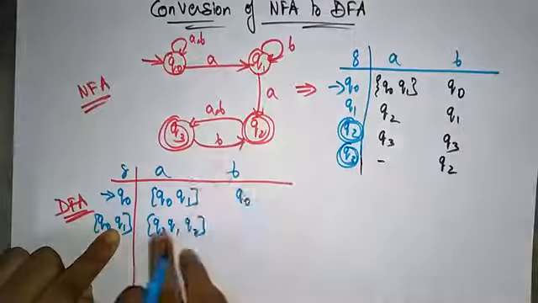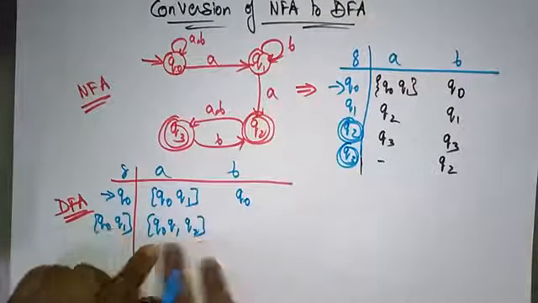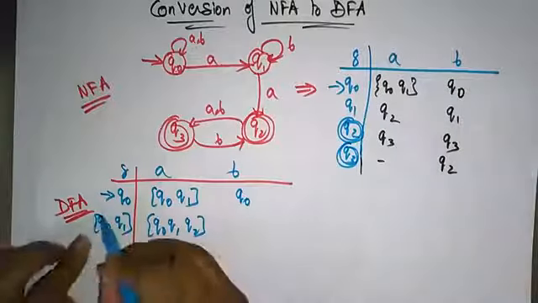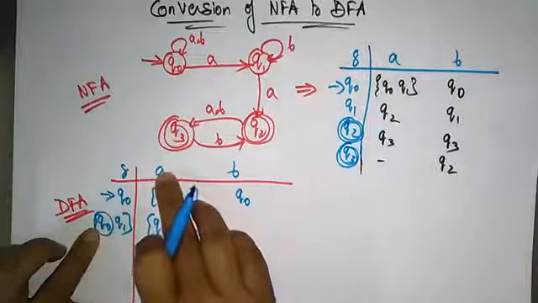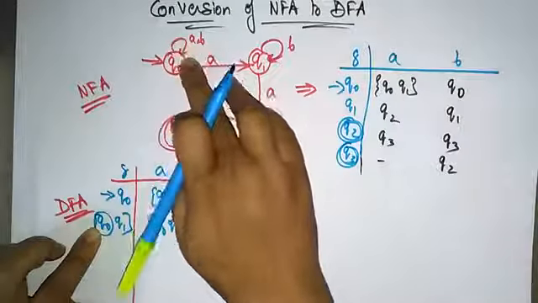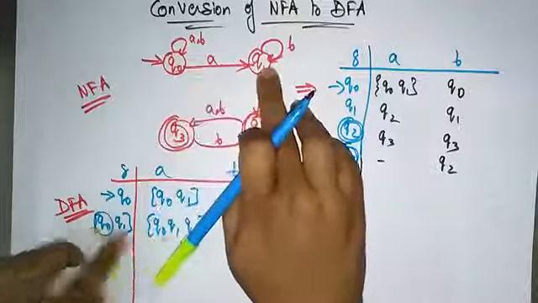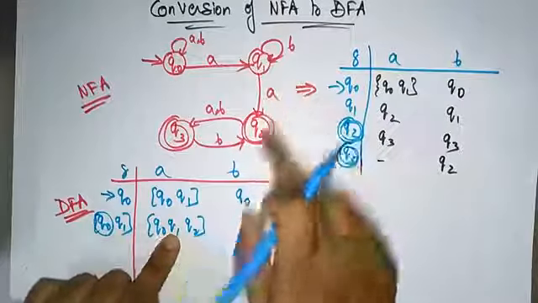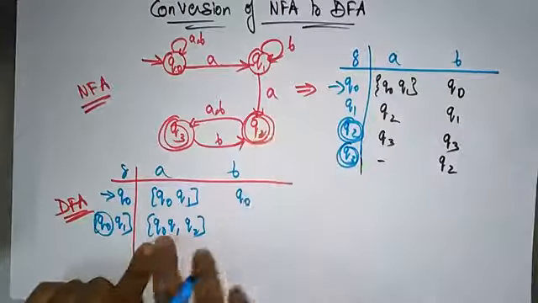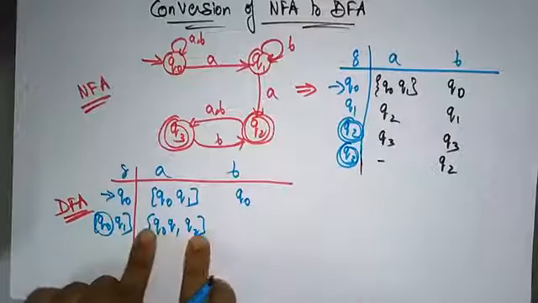Whenever you union Q0, Q1 with Q2, it means Q0, Q1, Q2. First you calculate Q0 on A, which goes to Q0 as well as Q1. Union Q1 on A, which goes to Q2. So it completely becomes one state.